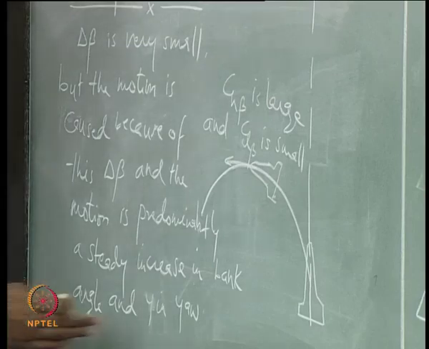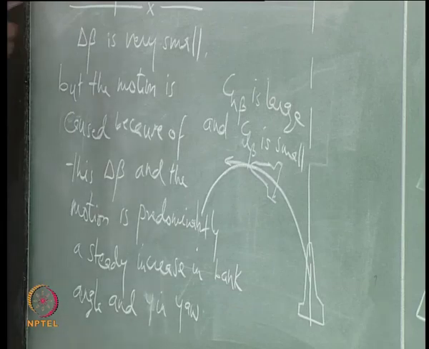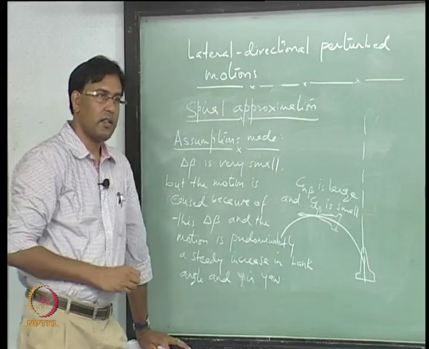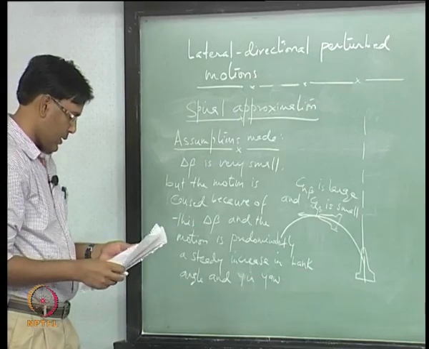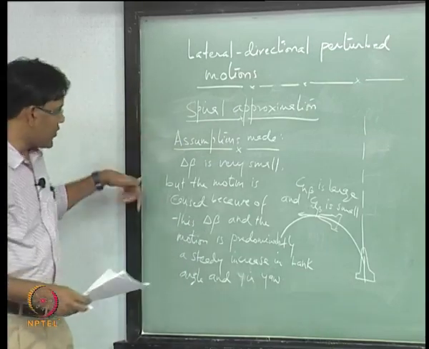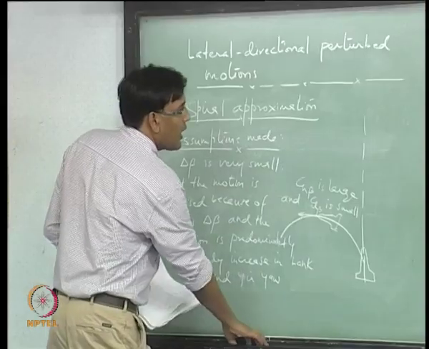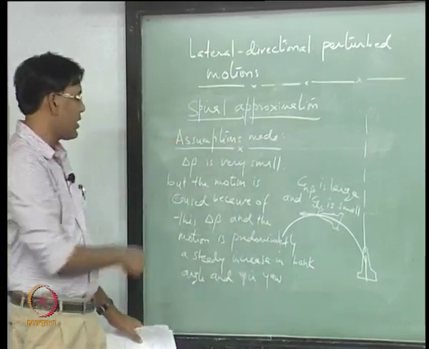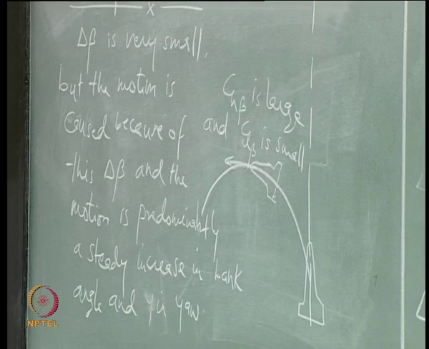So, there is a yaw motion involved with a slow change in bank angle, and that is coming from this delta beta, right. So, now you can use your aircraft perturbed equations of motion in lateral directional motion and try to use these assumptions and derive the approximate formula for the spiral mode eigenvalue.